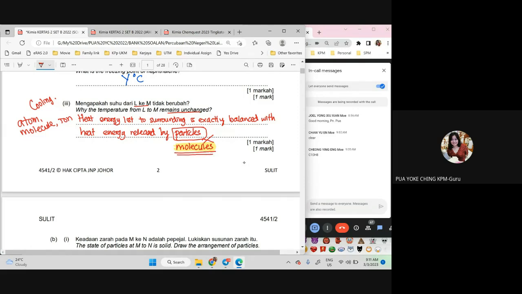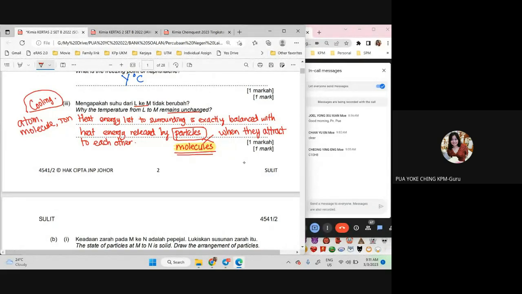Not finished yet, when they attract to each other. This is for cooling.